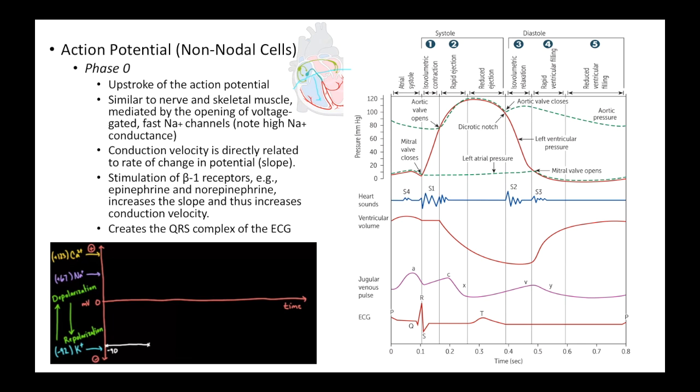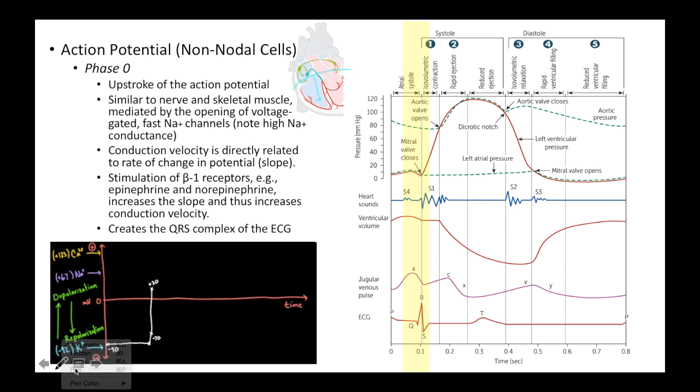Okay. And again, just to reiterate, I'm not going to go through the cardiac cycle too much, but just wanted to show you that when we're looking at a diagram like this, for phase zero, we're talking about this region here. And again, with how the slope is, this is our phase zero.